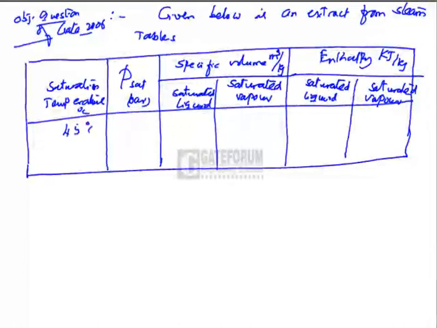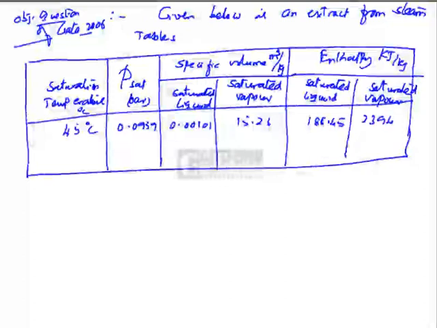So the saturation temperature is 45 degrees centigrade. The corresponding saturation pressure is 0.09593. Specific volume of the liquid is 0.00101. Specific volume of saturated vapor is 15.26. Then specific enthalpy is 188.45. The specific enthalpy of saturated vapor is 2394.8 kilojoule per kg. Then the saturation temperature is given as 342.24 degrees Celsius.